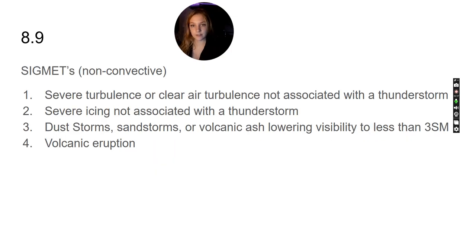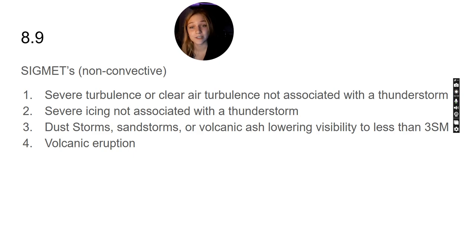And then non-convective, so non-storm stuff, would be severe turbulence or clear air turbulence not associated with a thunderstorm, severe icing not associated with a thunderstorm, dust storms, sandstorms, and volcanic ash lowering visibility to less than 3 statute miles. Also, look out for volcanic ash.